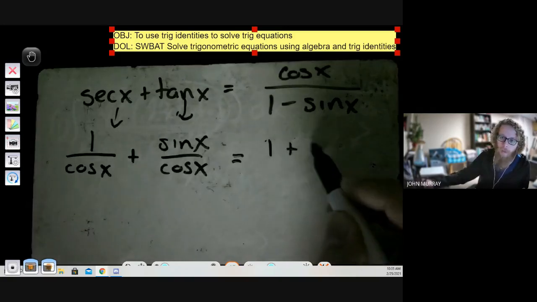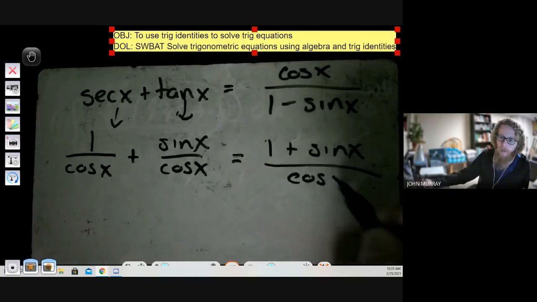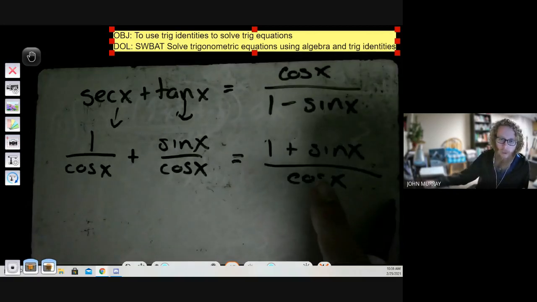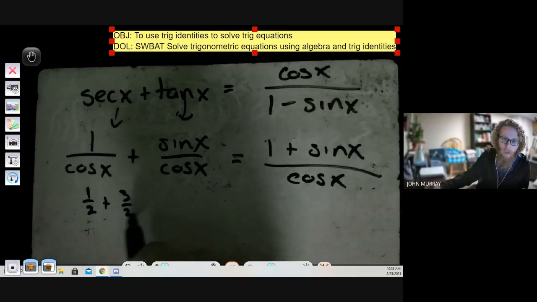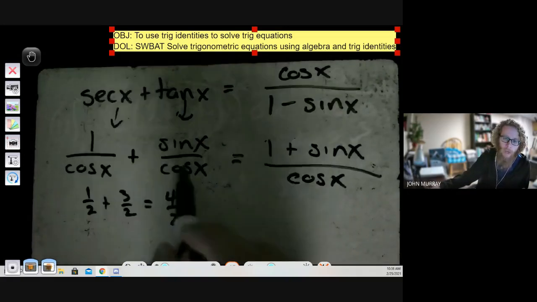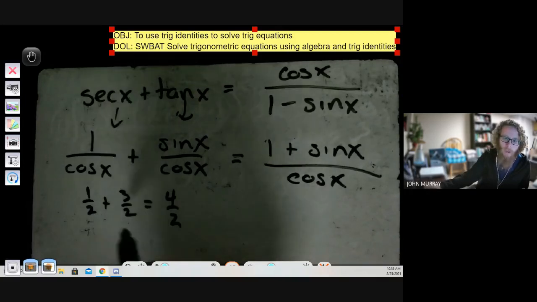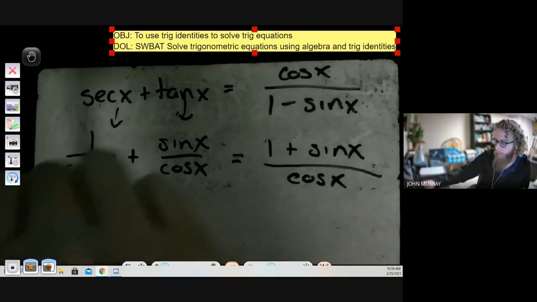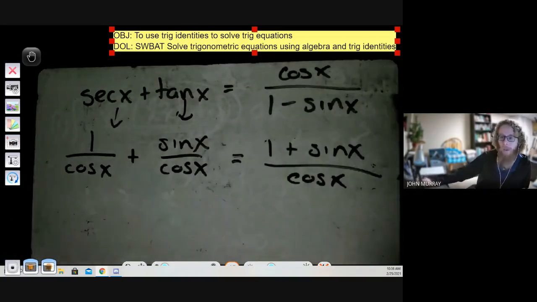So I'm going to have 1 plus sine in my numerator, and in my denominator, we just have the single cosine. All right, remember, when we're adding fractions, the denominator doesn't change unless we have to change it for the common denominator part. So just don't get confused there.